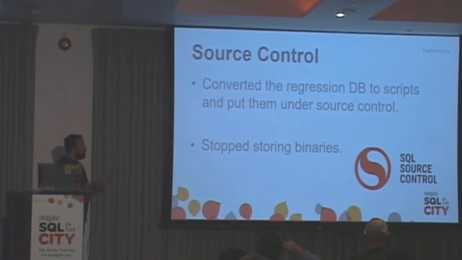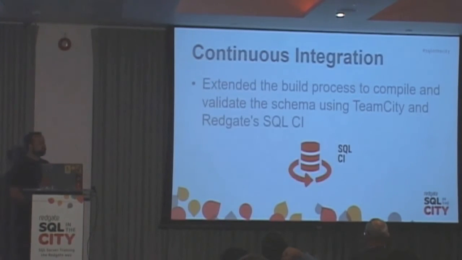So we converted those DB scripts over and put them all under source control using SQL Source Control. Really nice, easy process. We took one of these regression DBs, followed the tool process to script these things off, put them under source control, and stopped storing binaries altogether. Nice, straightforward. We then brought the SQL CI tooling into TeamCity and got that integrated.